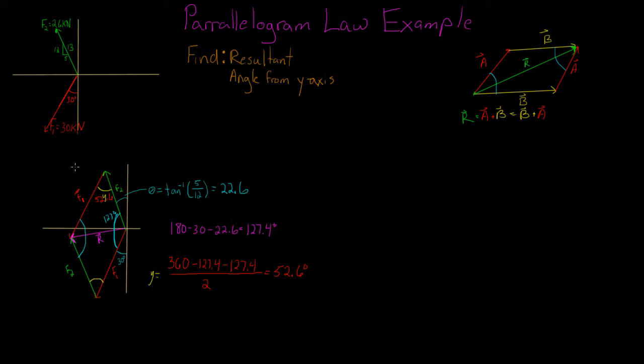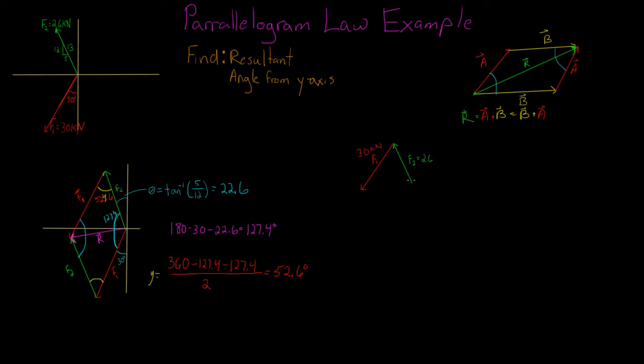Now I'm going to draw just the upper part of this triangle so it's a little easier to see. So we have F1, F2. And F2 is equal to 26 kilonewtons. I should write in what F1 is. It's 30 kilonewtons.